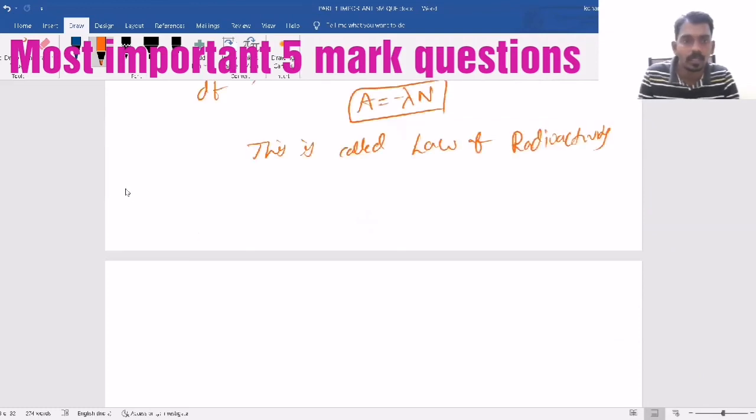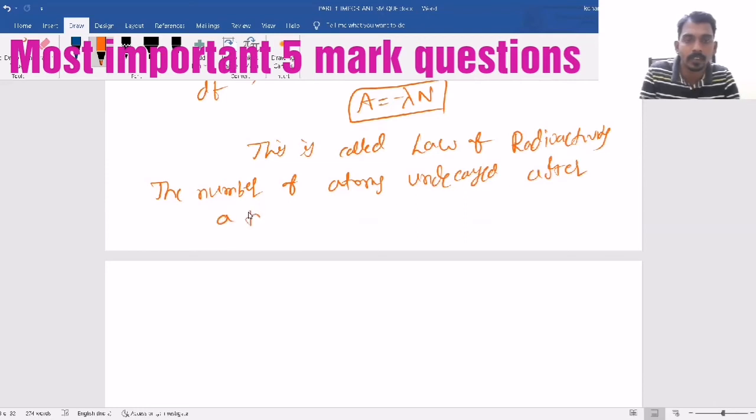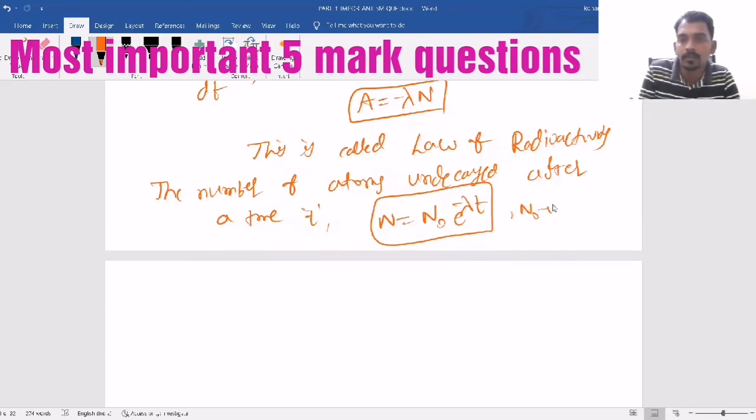Now the number of atoms undecayed after a time t is given by N equal to N naught into e power minus lambda t, where N naught is the initial number of atoms.